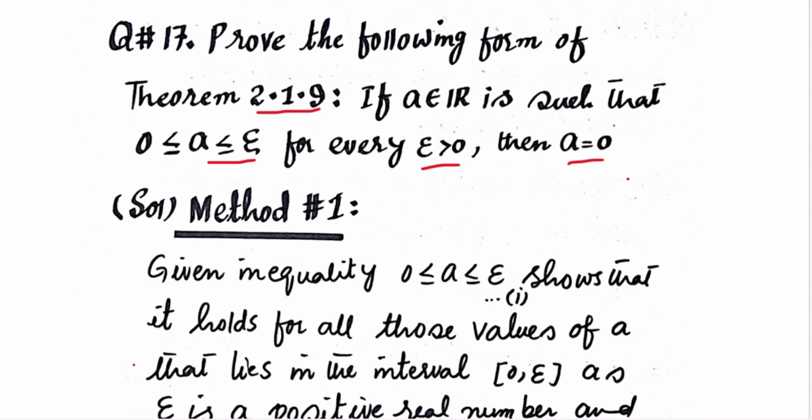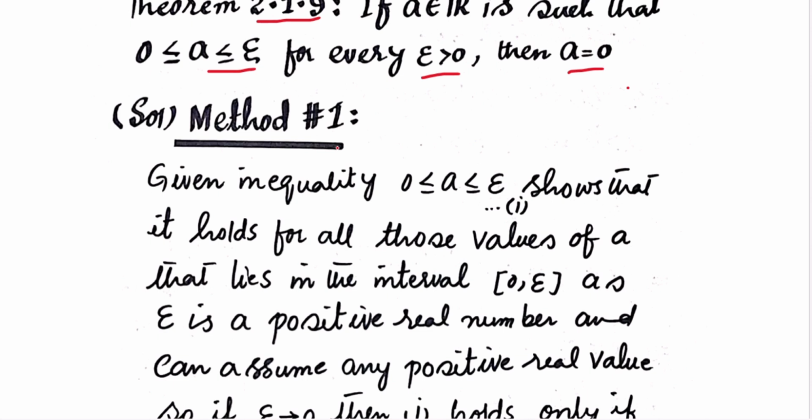Method number one is an intuitive method. This is our given inequality; it shows that it holds for all those values of a that lie in the interval 0 to epsilon. Because this is a closed interval, clearly a can take all values that lie in this interval.